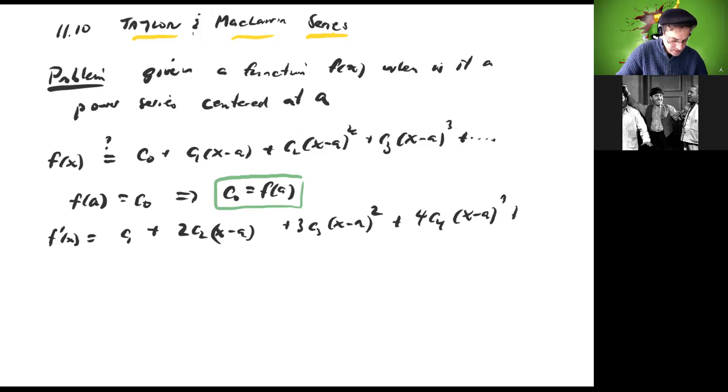So if we evaluate that at x equals a, we get f prime of a equals c1. So I'll write that as c1 equals f prime of a.